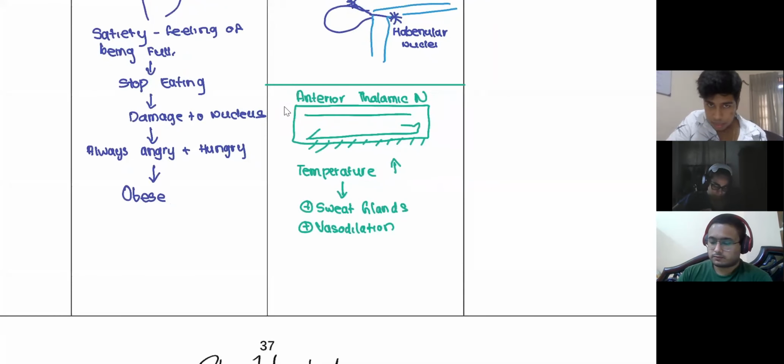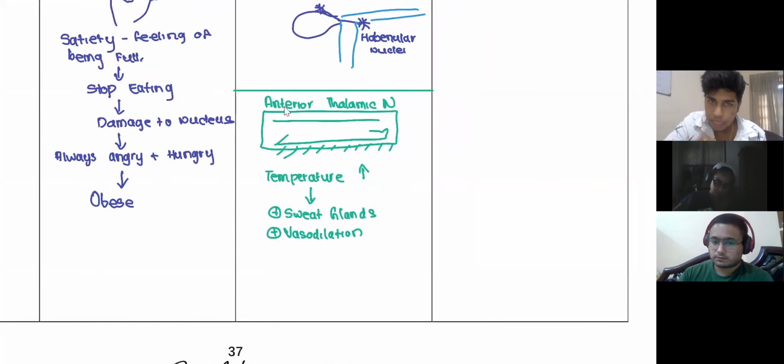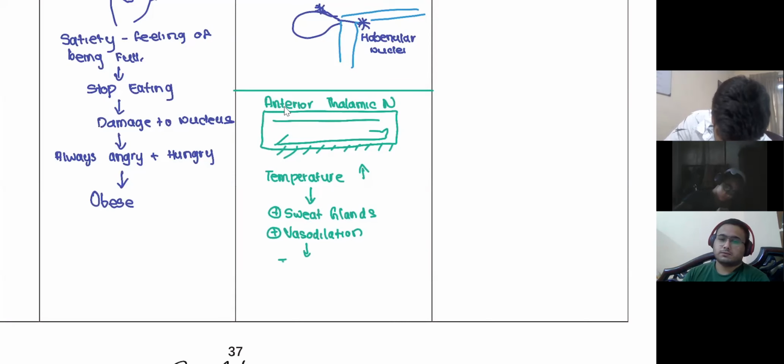And just think and tell me, this nucleus has a function to do with the autonomic nervous system. The autonomic nervous system is made out of the sympathetic and the parasympathetic nervous system. Can you tell me, does this nucleus associate with the sympathetic or the parasympathetic? Sympathetic. Think again. Flight or fight response. Yeah, that will increase the temperature. Our goal here is to decrease the temperature. Parasympathetic. Yes.